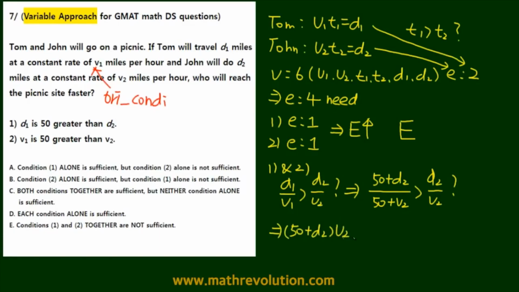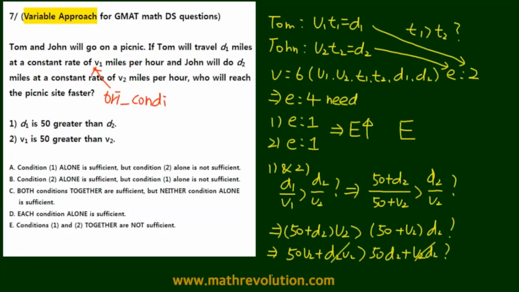What we get is 50 plus D2 times V2 greater than 50 plus V2 times D2. Or in other words, 50V2 plus D2V2, whether that's greater than 50D2 plus V2D2. These two terms disappear. So ultimately what we want to know is whether 50V2 is greater than 50D2, or whether V2 is greater than D2.